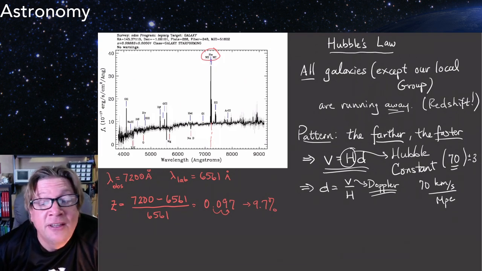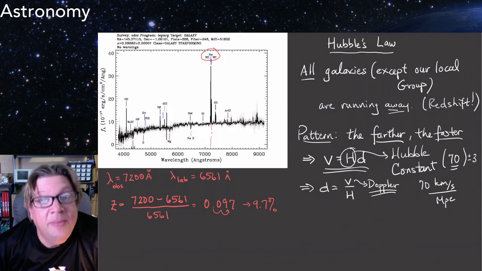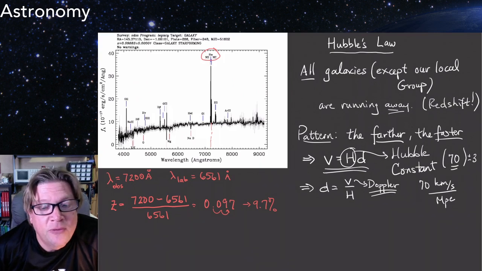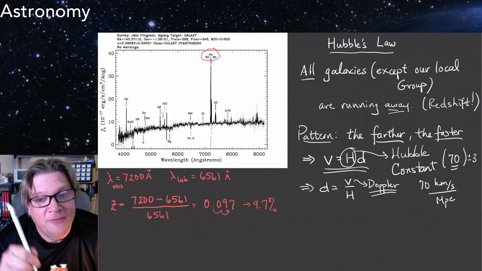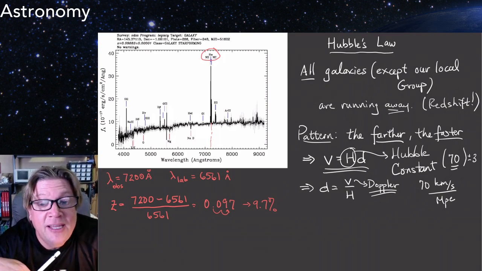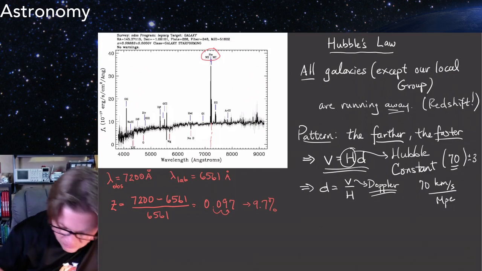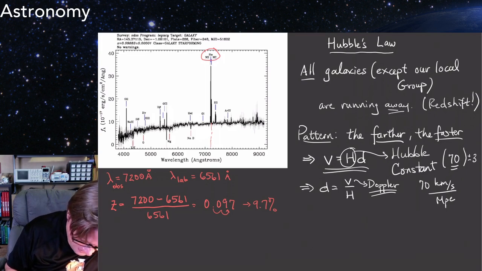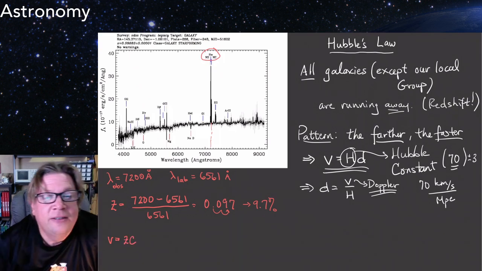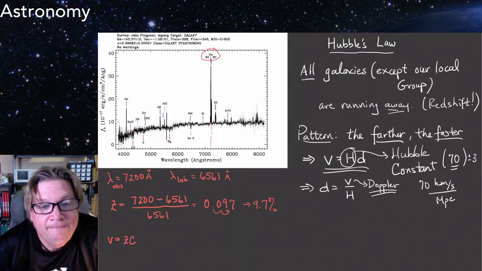Okay, how does that help us? Because the amount of redshift tells us the speed at which it's moving. So if the redshift is 9.7%, it's moving at 9.7% the speed of light. So all we have to do is, the speed is just the redshift times the speed of light.